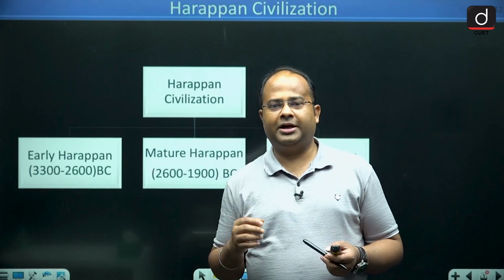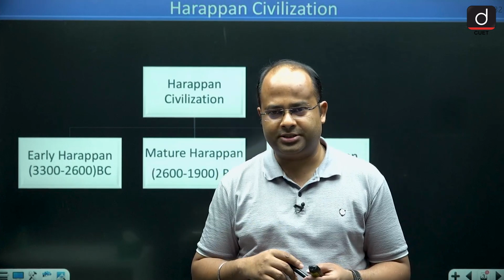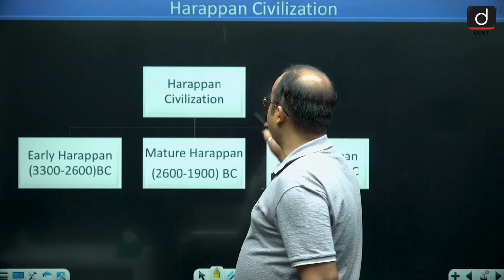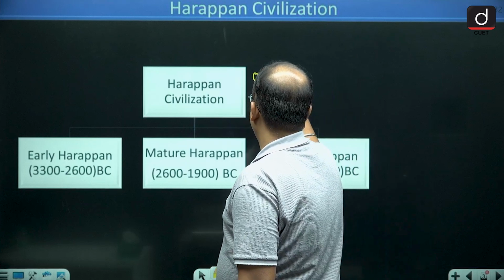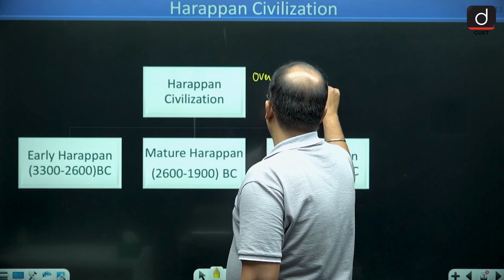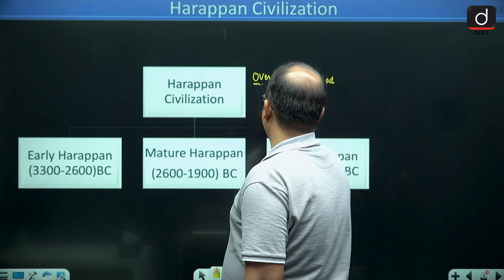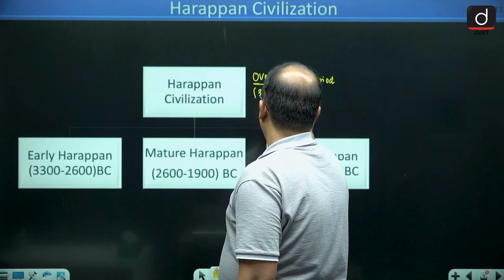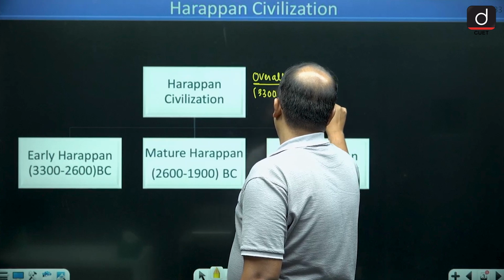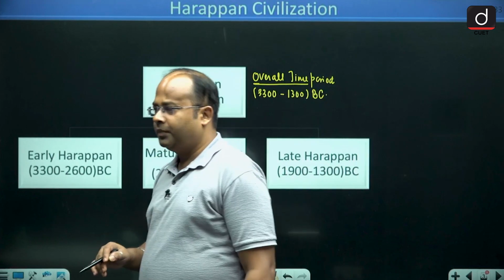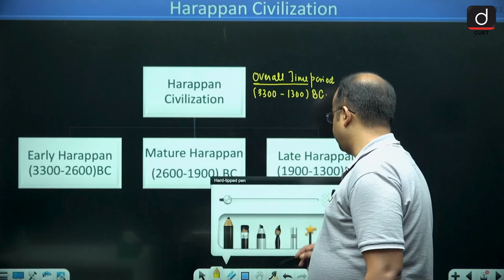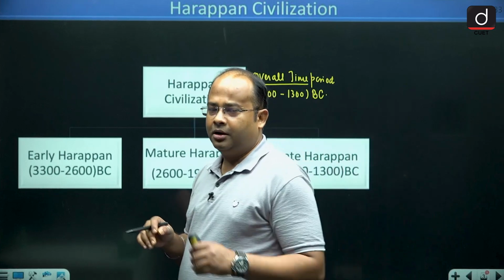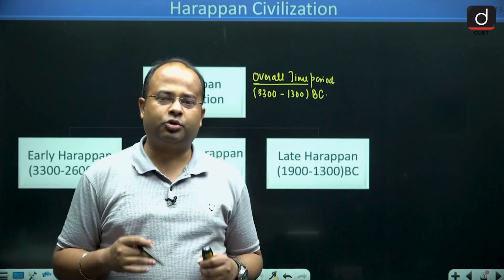Harappan civilization also went through these three stages, and the overall time period of Harappan civilization is from 3300 to 1300 BC. This is the overall time period, and Harappan civilization also went through three phases.